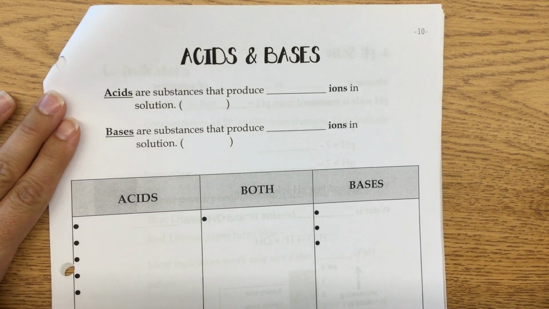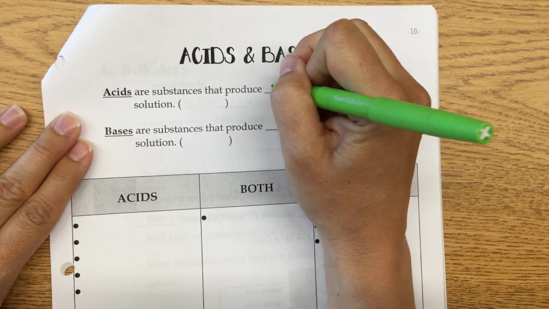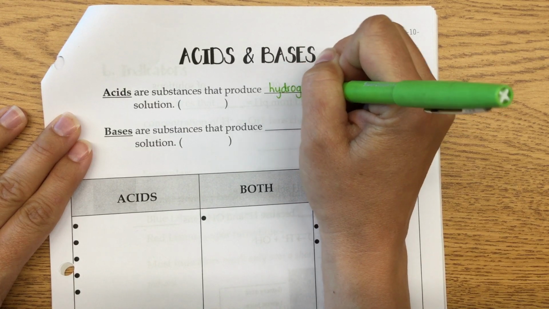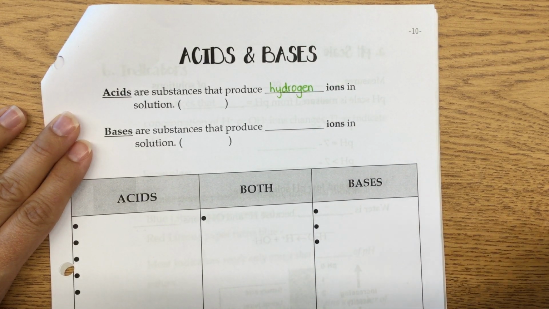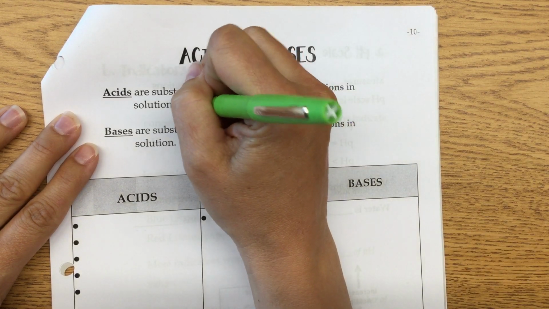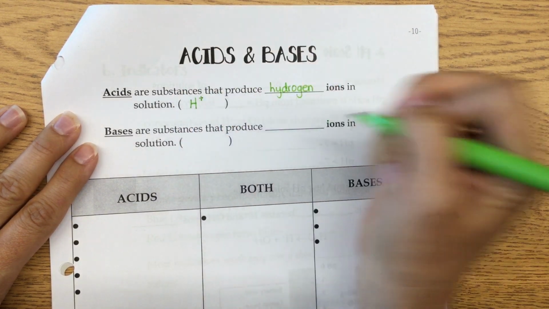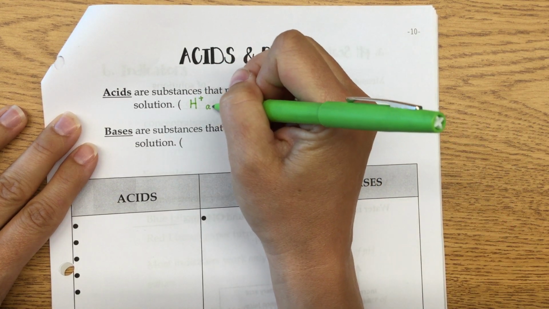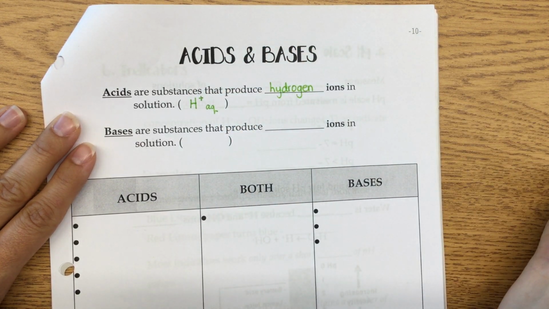It says acids are substances that produce hydrogen ions in a solution. So that would look like H with a little plus, because that tells me it's an ion, and it's in a solution, so (aq).